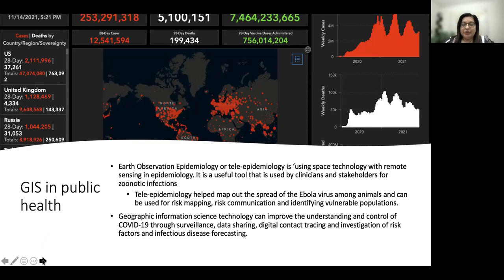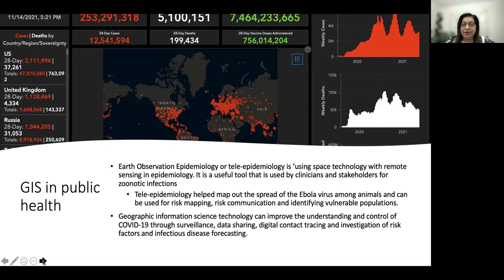Earth observation epidemiology or teleepidemiology is a term used in public health. It is about using space technology with remote sensing in epidemiology. It is a useful tool that is used by clinicians and stakeholders for zoonotic infections.